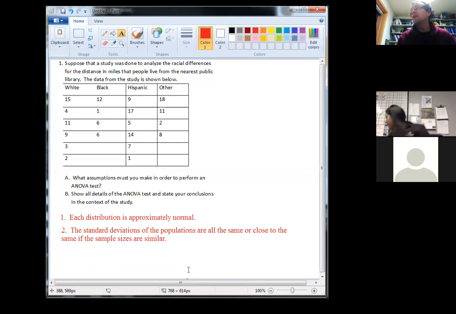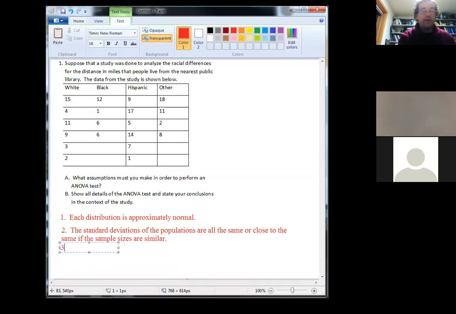So I want to warn you that ANOVA is a very dangerous test to use, because you got to have these 2 assumptions. And these are the 2 biggies that are the dangerous ones. Okay, then there's some others that are a little easier to deal with. So 3 is the sampling was done in a random fashion. I'm just going to write the sampling technique was scientific.